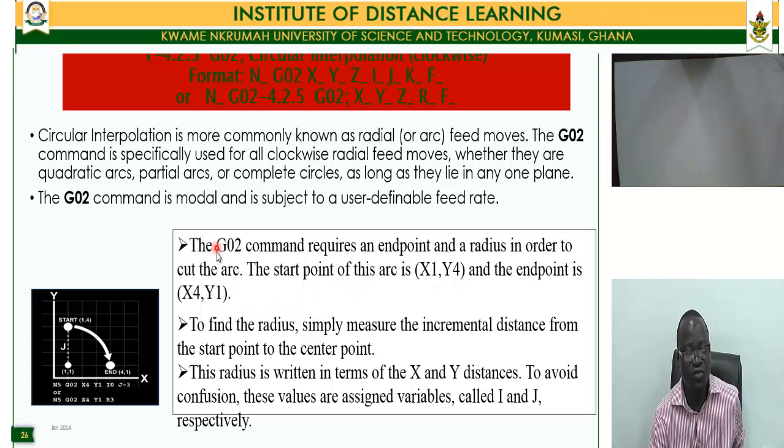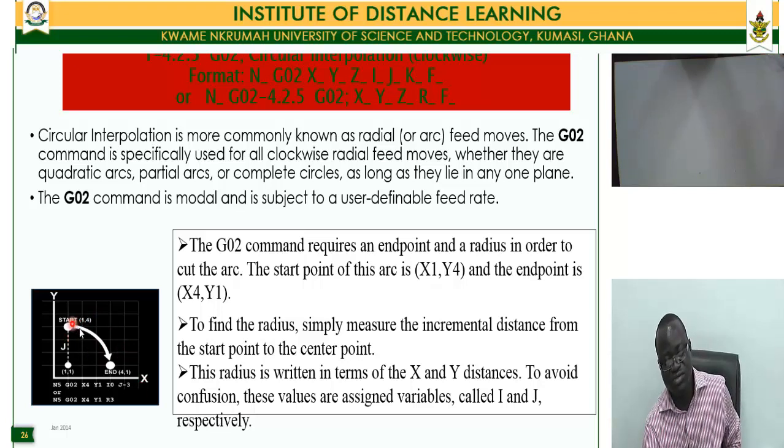If you know the start position and the end position, you can find the radius of that arc by measuring the incremental distance from the start point to the center point. That gives you the radius of the arc.